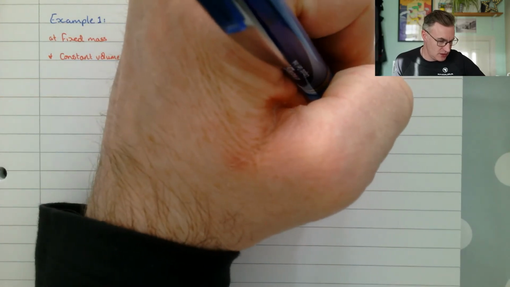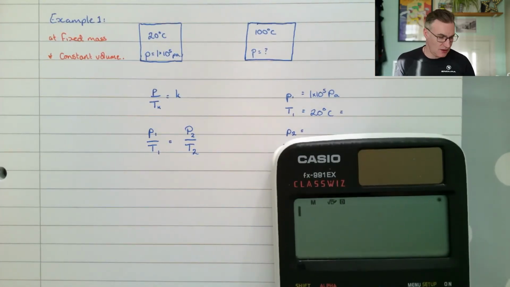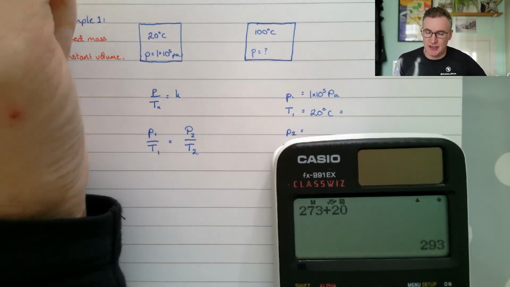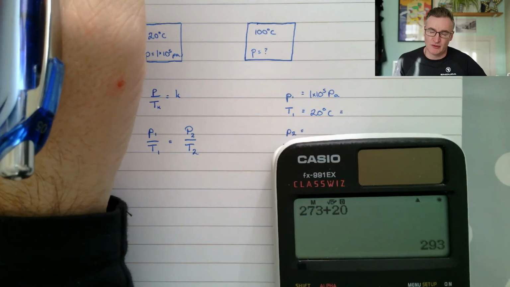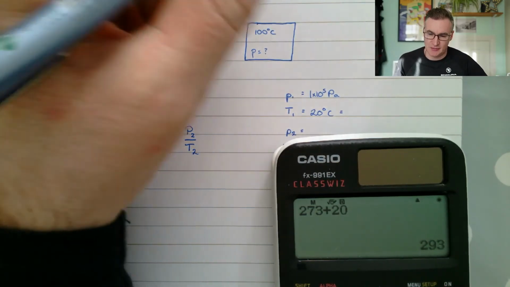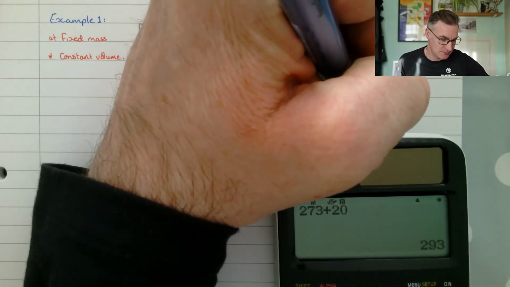And so we need to convert this into Kelvin, and of course to convert to Kelvin we add 273 degrees onto 20. Now I'm sure I probably could add 273 plus 20 myself, but I have seen it being done before. I've done it before myself. You add it wrong and it's a daft silly mistake, so just be doubly sure. Use a calculator.